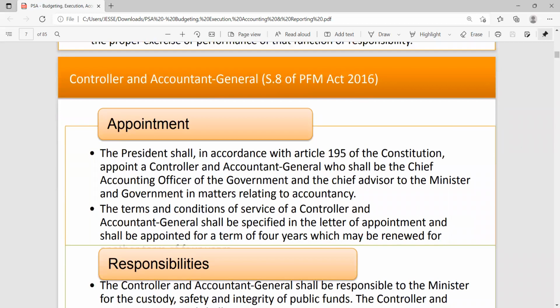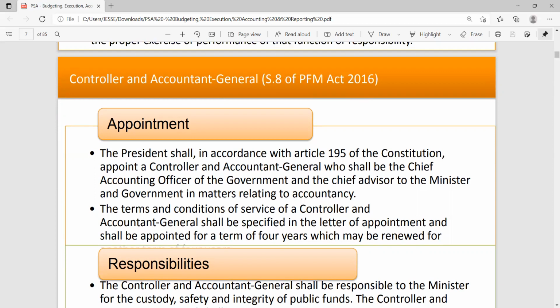Another important thing that we need to talk about here is the controller and accountant general. Let's talk about how they are appointed and some responsibilities that they perform. Okay, so the president, let's talk about appointment.